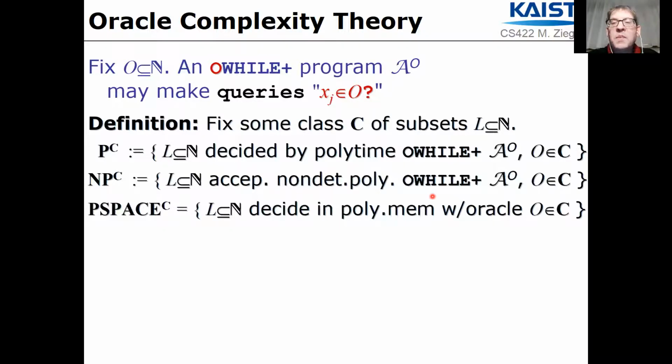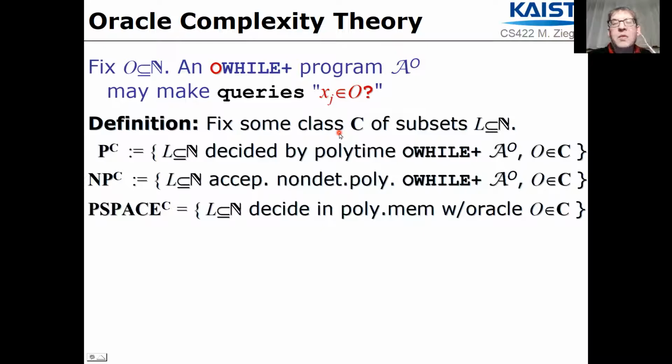And the original complexity classes are recovered, for example, by considering as C just the class which consists only of the singleton empty set. The empty set is empty, and the class which contains only the empty set is a singleton. Why does this recover the original one? Because making oracle queries to the empty set does not increase the computational power.